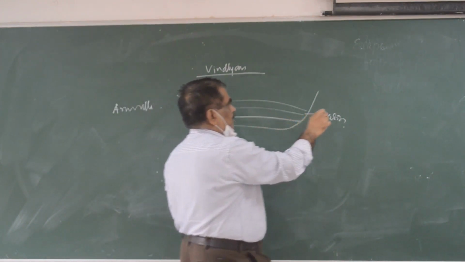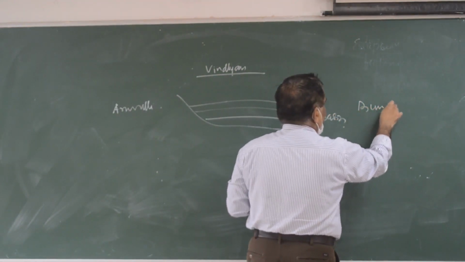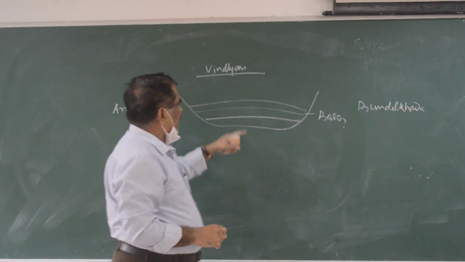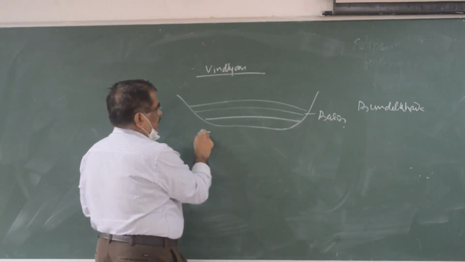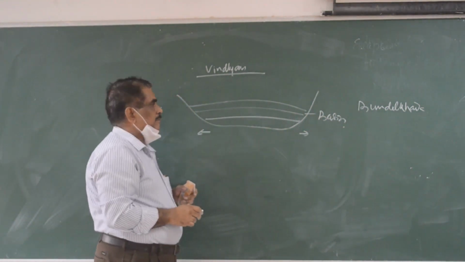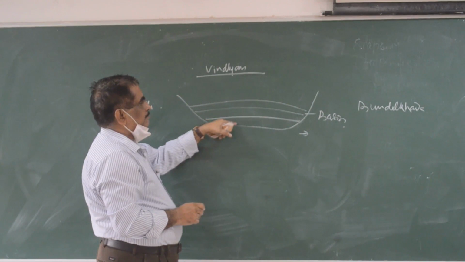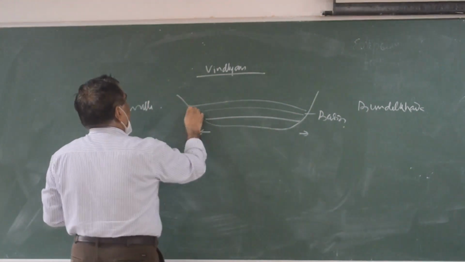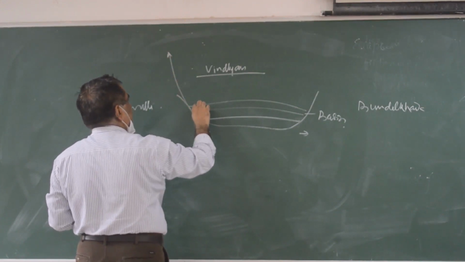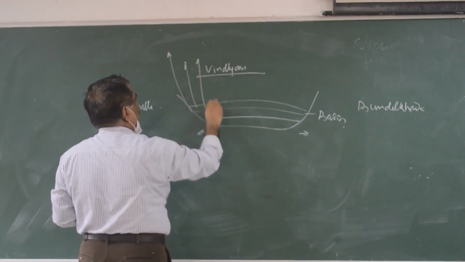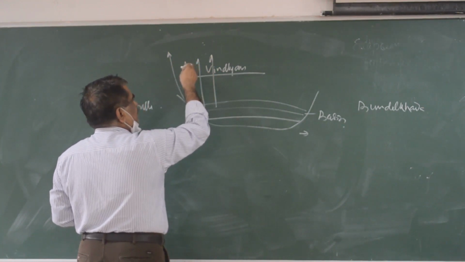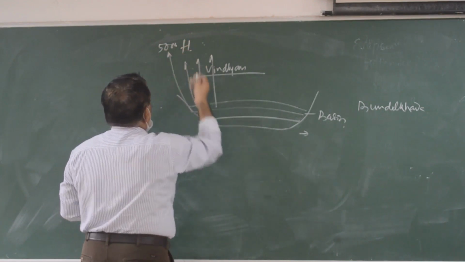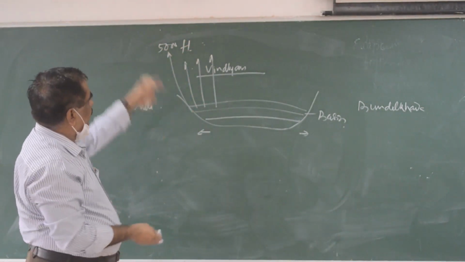Here is your Bundelkhand. Now this basin formed by extension, rifting, and the sediments are deposited. But now where the Vindhyan is occurring, it is forming very high mountain. All these sediments have been uplifted to a height of 5,000 feet. It has been uplifted, thrusted up.